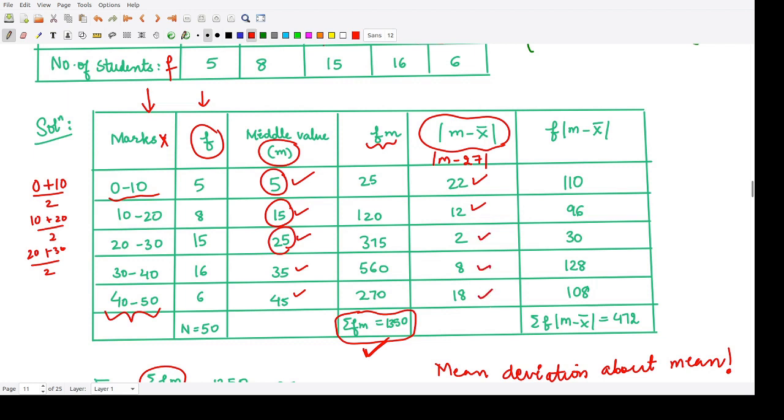Then you just multiply this particular column with this particular column, so you would have this column, f into modulus of m minus x bar. So when you add up all these terms, you would have the summation f modulus of m minus x bar, that is 472.